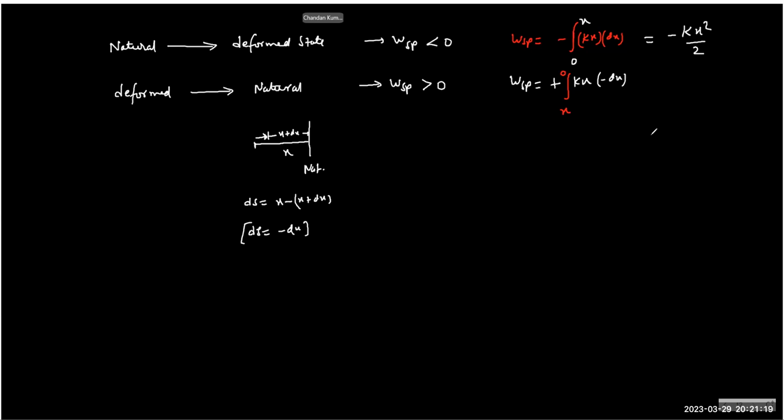Even if you don't understand the derivation, always remember the result: the answer is going to be positive. Not so easy, but not so difficult, because now we get minus kx squared by 2 from x to 0, which will give you the same answer, right?